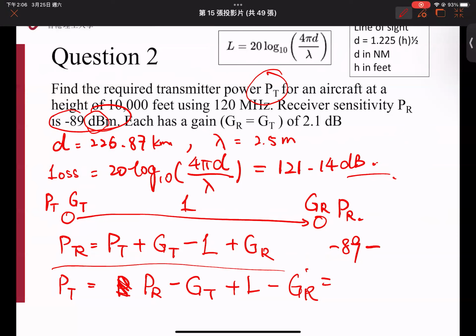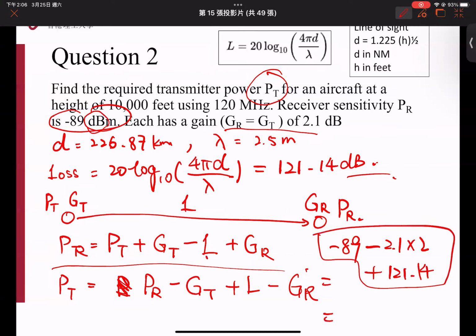Then we minus 2.1 of the gain, but we have two of them, so it's 2.1 multiplied by 2. And we also have the loss, which is this one. So we calculate this equation together, and then we get the result in dBm.